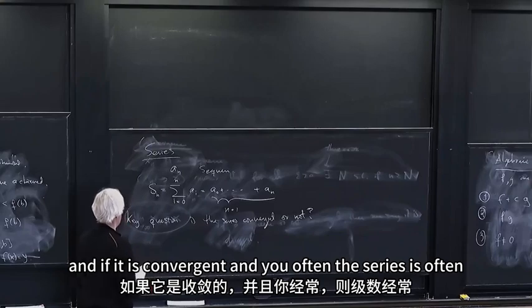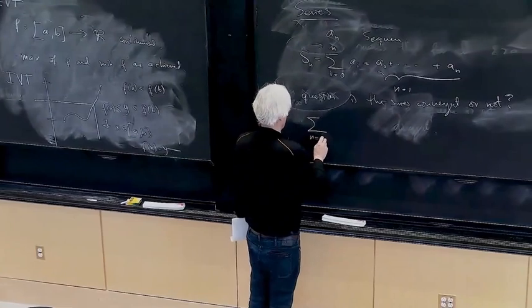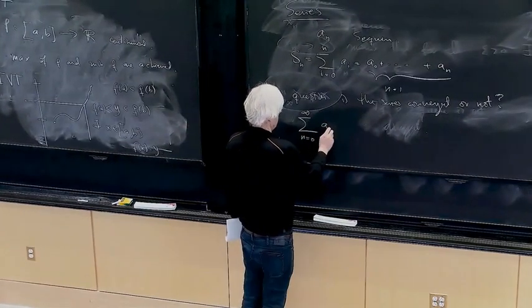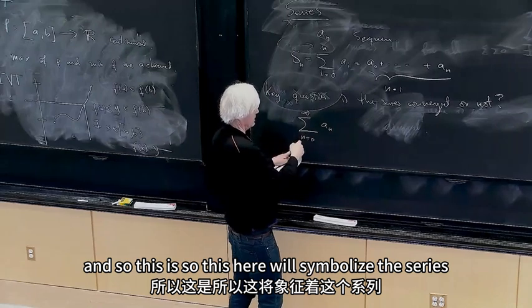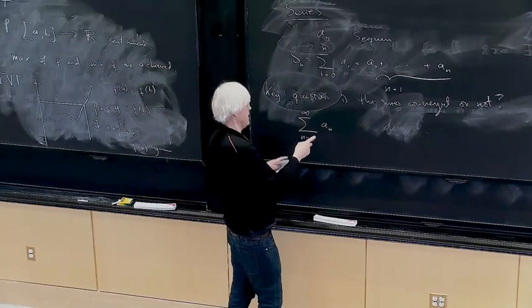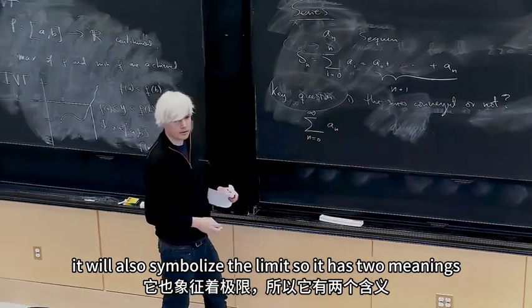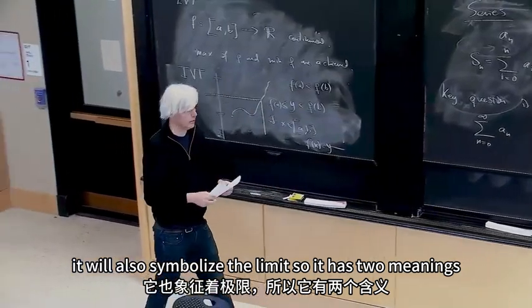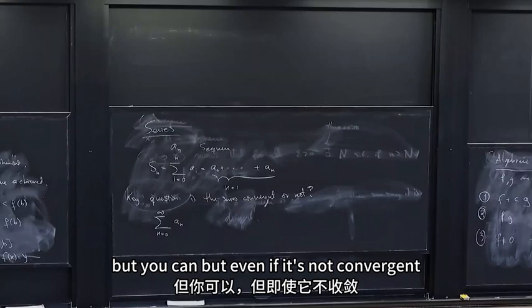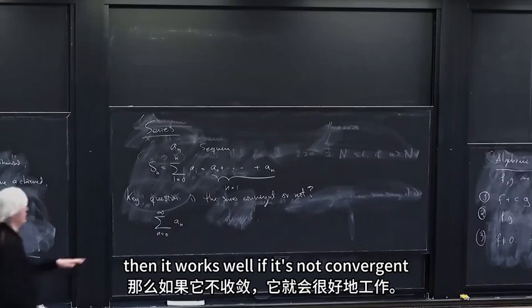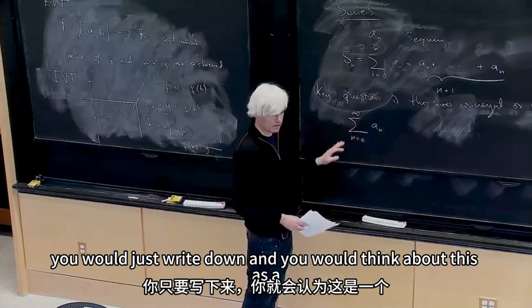And the series is often written like this, and this here will symbolize the series, and if the series is convergent, it will also symbolize the limit. So it has two meanings. Okay? But even if it's not convergent, you would just write it down and think about this as a series.